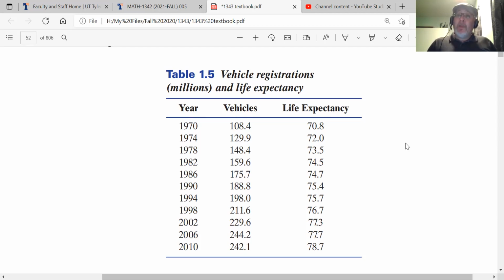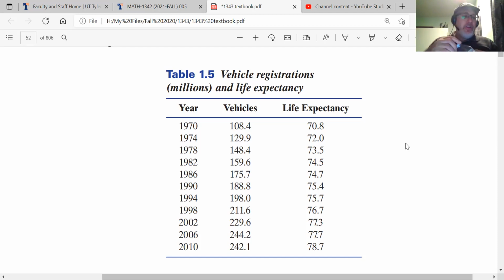Why? Well, what happens to a population of people as the years go by? The population gets larger. If the population gets larger, we have more people driving cars, therefore more vehicles. So as the year increases, that causes the number of vehicle registrations to increase.